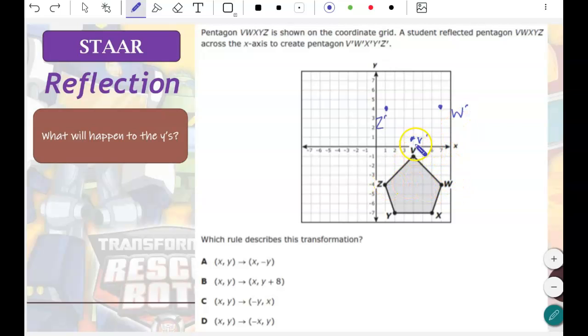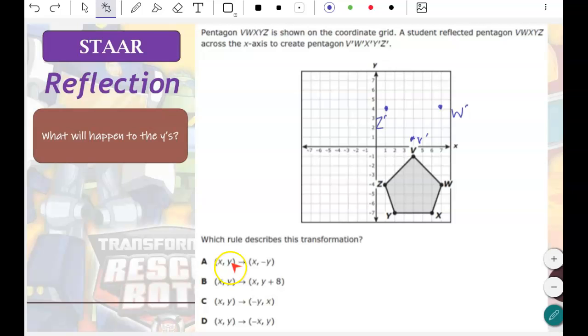So notice, if you look at that, the X values aren't changing, the X's are the same. This is still at 4. This is still at 1. And this is still at 7. But what did change is now the Y values are the opposite. So this one is -1 and the new one is 1.